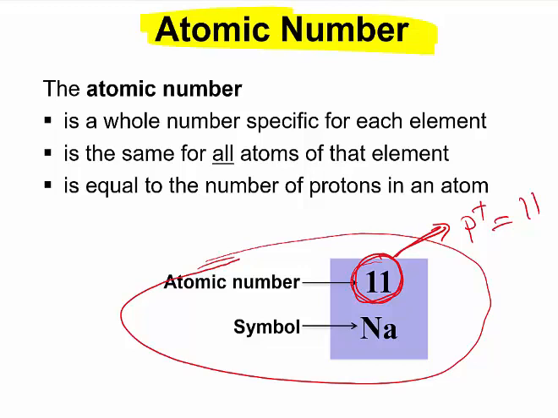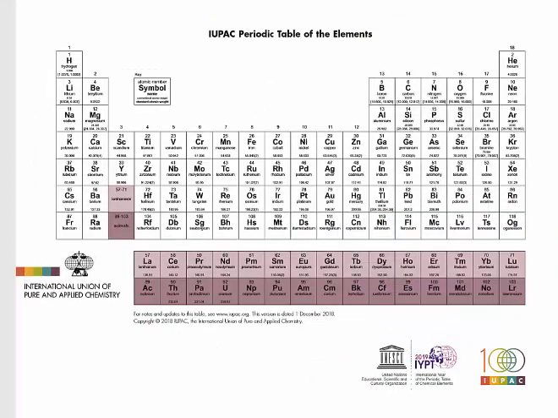Let me show you the periodic table and let us go through the number of protons in some atoms. We just talked about sodium. So the number up here, number 11 on sodium, that is the number of protons in an atom of sodium.